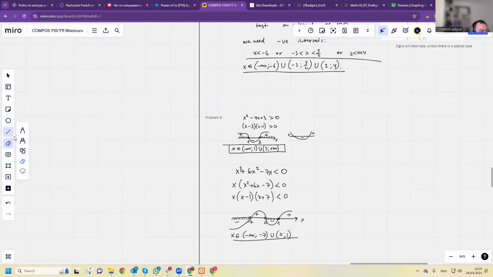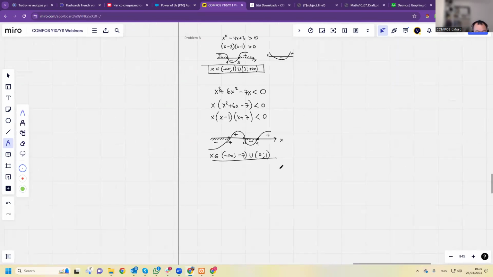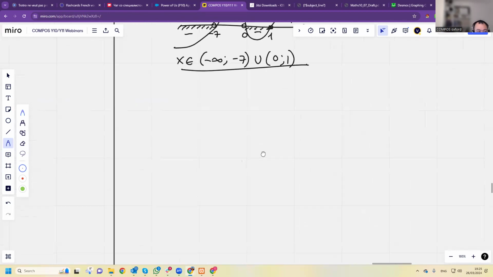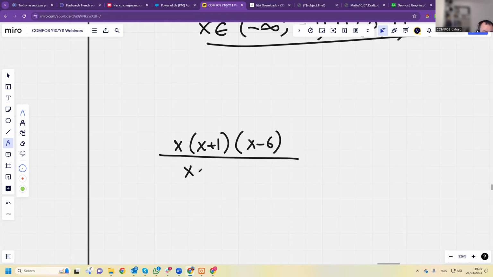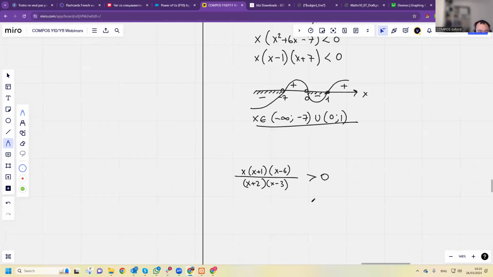Funnily enough, it works for fractions as well. So, for example, x multiplied by x plus 1 multiplied by x minus 6, divided by x plus 2 and x minus 3, is greater than 0. So you have a fraction.